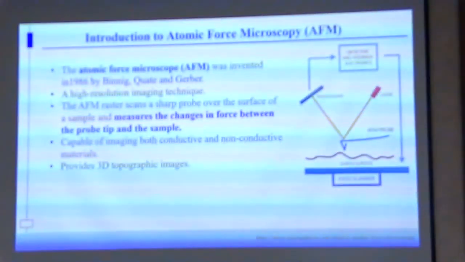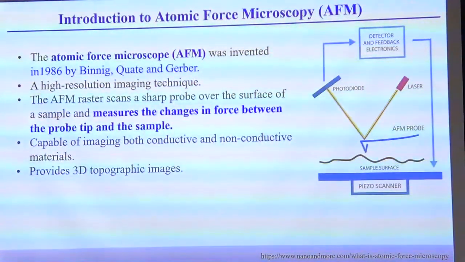The basic concept for AFM: the AFM rasters a sharp probe over the surface of a sample and measures the change in force between the probe tip and the sample. So here we are measuring the force difference between your tip and your sample.